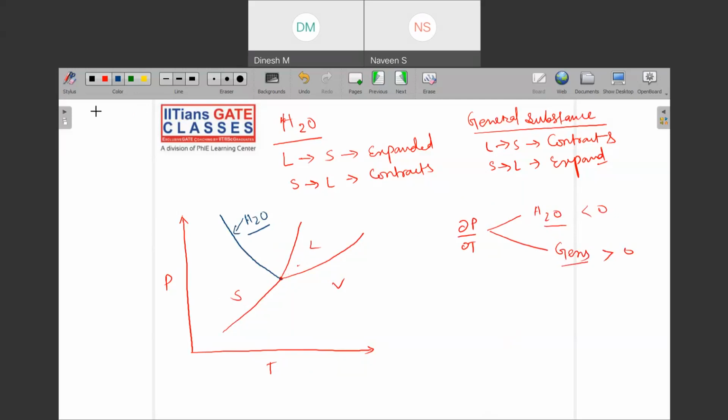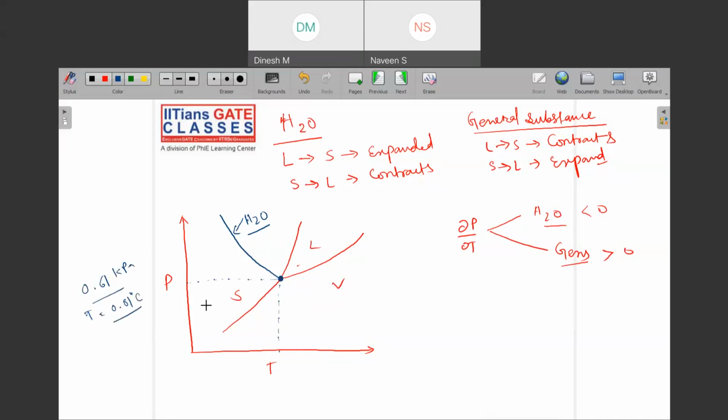And there is a question which keeps on appearing in the exam: this is your triple point pressure and temperature, right? So what is this value? The pressure value is 0.61 kilopascal, and temperature we know is 0.01 degrees Celsius.